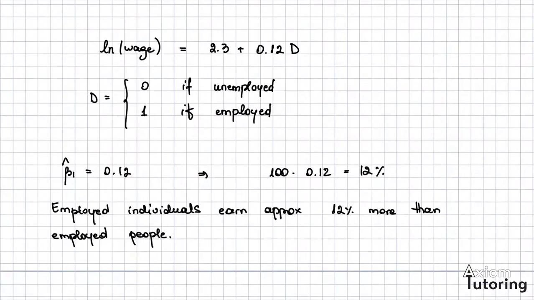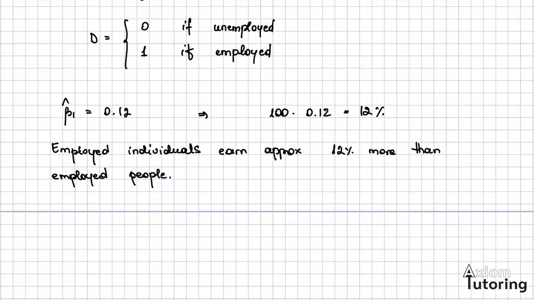Now, if we were to do the exact interpretation using the formula that we derived, then we would have 100 times e to the power 0.12 minus 1. You can use a calculator. You'll find e to the power 0.12 is approximately 1.1275.